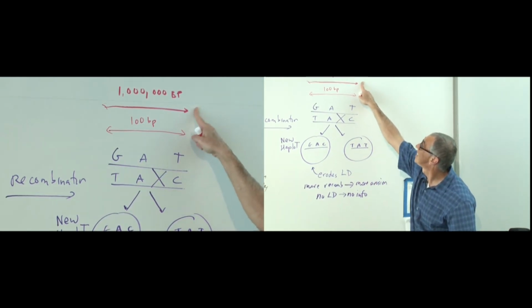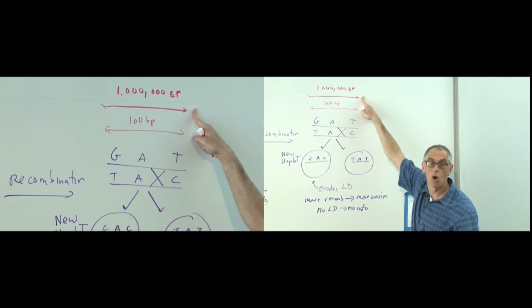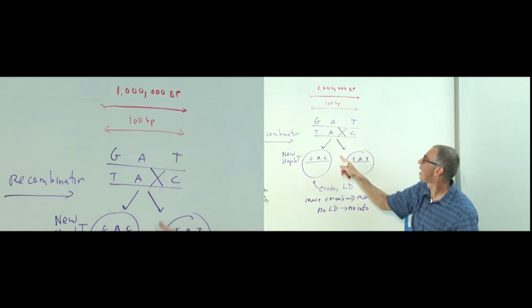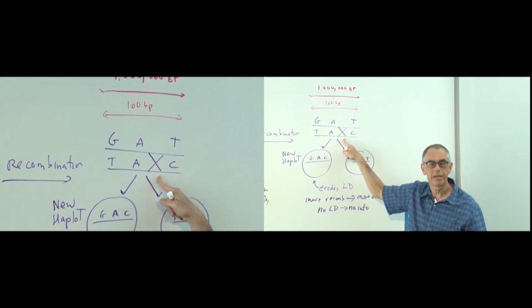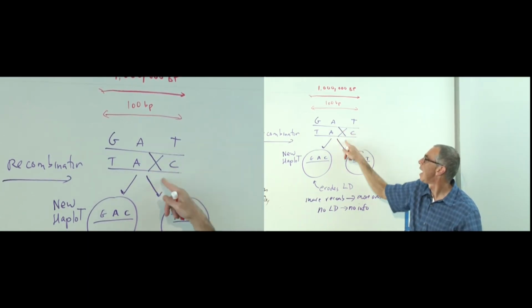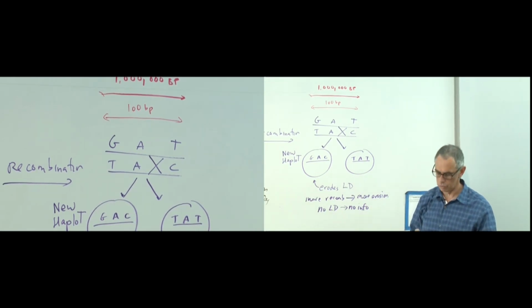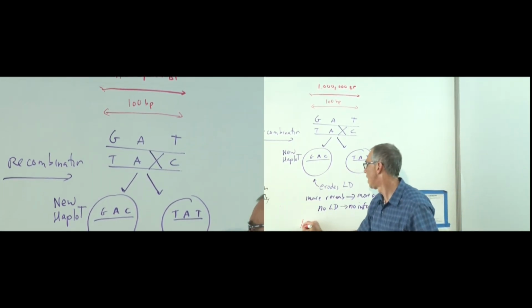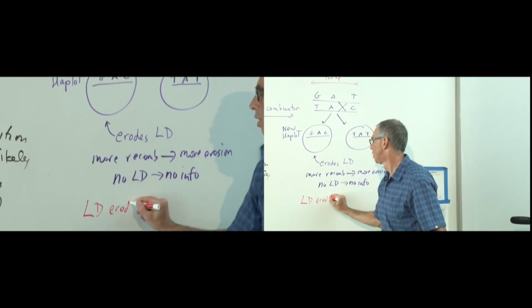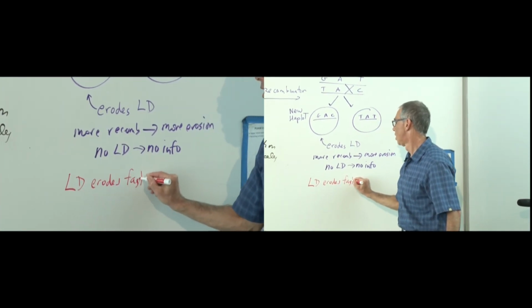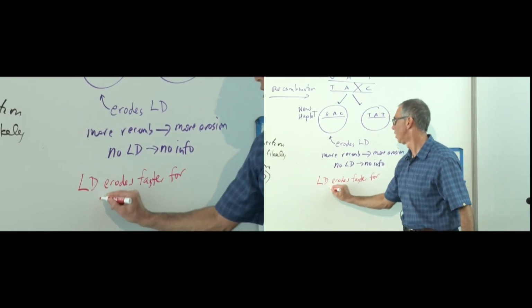If, however, it's 1,000,000 base pairs, then over time it is very likely that I will have not just one but many recombinations, and so at large distances, LD erodes more quickly. So LD erodes faster for distant loci.